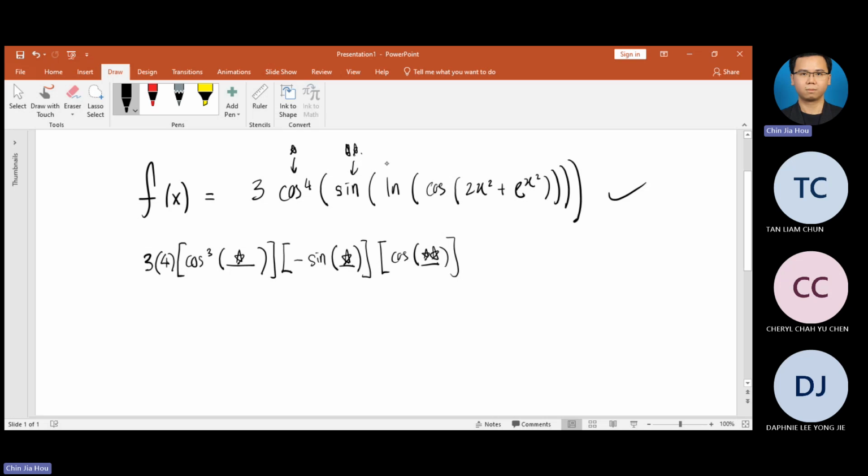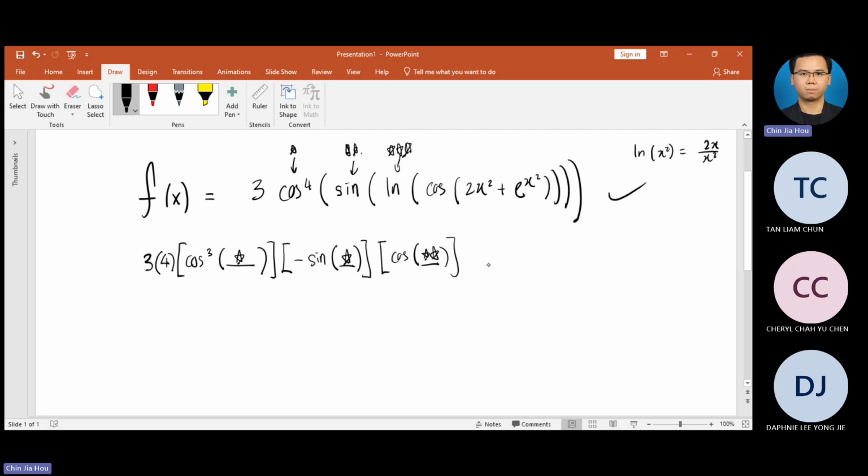Now 3 star. Moving in 1 more layer, ln. If you want to differentiate ln, say, ln of x squared, what do we get? X squared in the bottom, and at the top we differentiate the x squared, we get 2x, right? That much is clear.